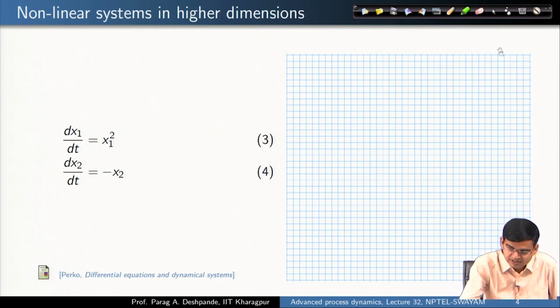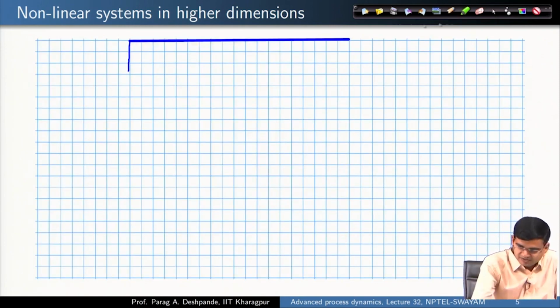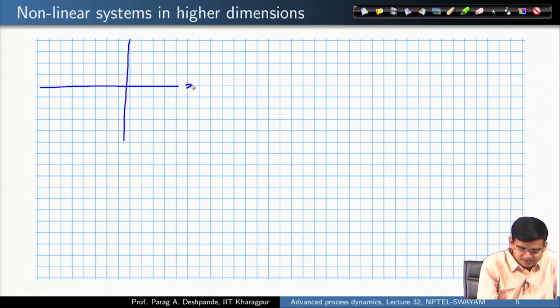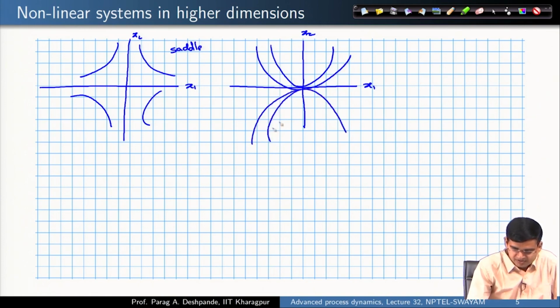How is this different? Let us see what are the different phase portraits which we came across. Well, we came across this saddle, in x1, x2. We came across this source, in x1, x2; depending upon relative magnitudes of lambda 1 and lambda 2, the orientation may change.